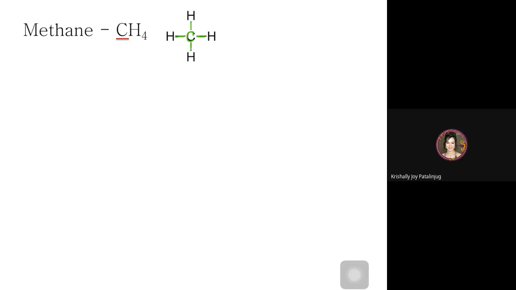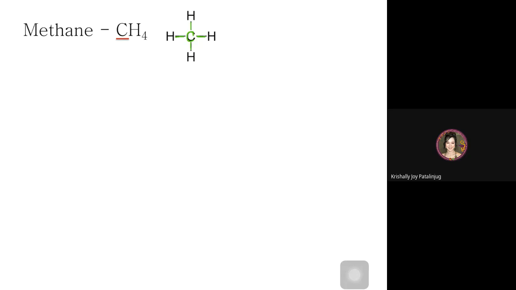However, if we try to check the distribution of electrons in carbon and then relate it to the valence bond theory of how a covalent bond is being formed, the theory itself cannot explain correctly the existence of this molecule. Let's try to find out.